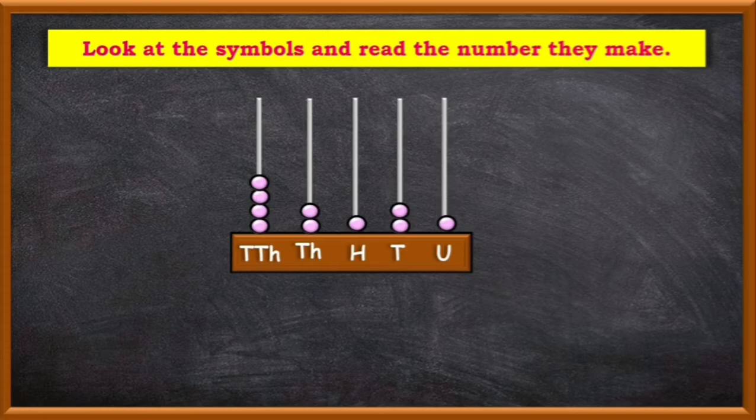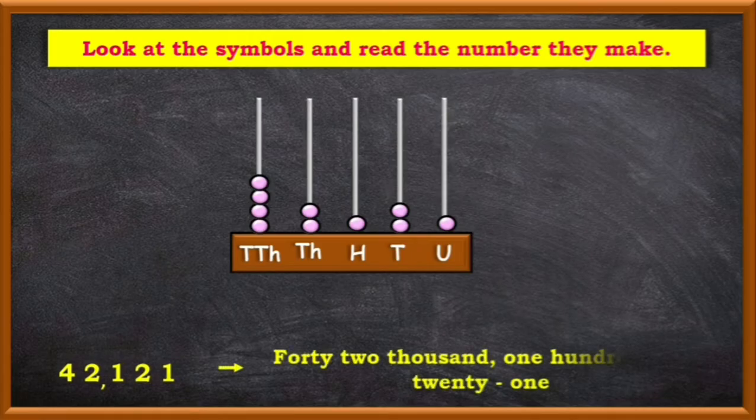Look at the symbols and read the number they make. So here we have this abacus. So we have 4 beads in 10,000s place, 2 beads in thousands place, 1 bead in hundreds place, 2 beads in tens place and 1 bead in units place. So this number is read as 42,121.